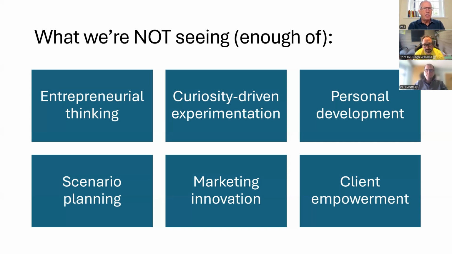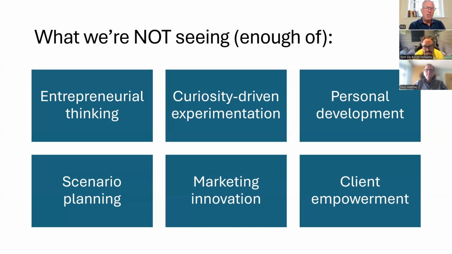Scenario planning, looking at the future for our businesses. Marketing innovation: yes, we can use AI for a variety of marketing activities, but what I'm looking to see is real, exciting innovation, and I think I've got one of those for you today.